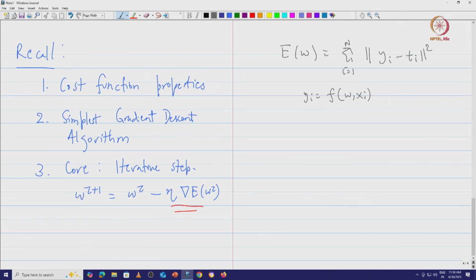So, supposing we take this as, let us denote it by E tilde i of omega.